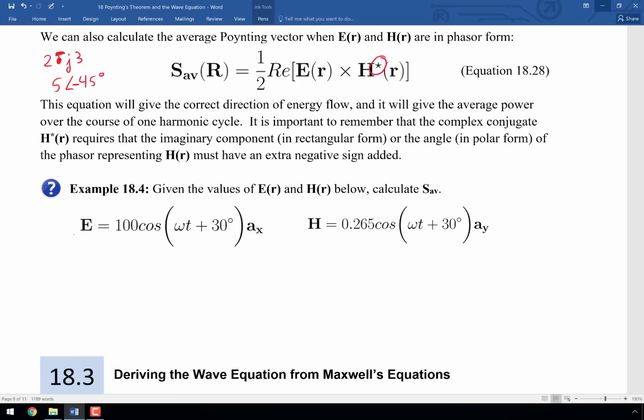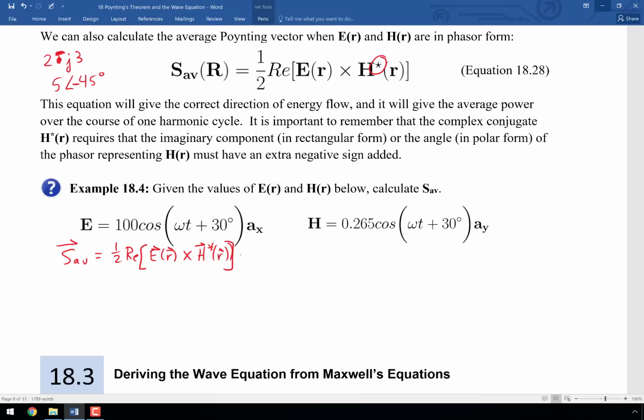So given these values of E of R and H of R, calculate the average Poynting vector. So S average is equal to 1/2 times the real part of E of R crossed with H star of R, which is equal to 1/2 times the real part of 100, and there's an e to the j omega t, which is implied, but we can't imply the 30 degrees.